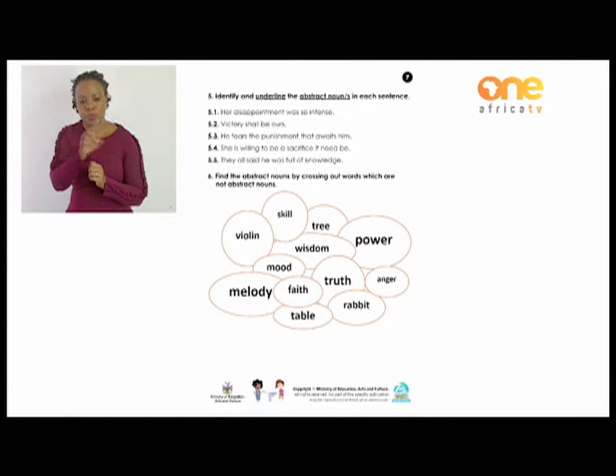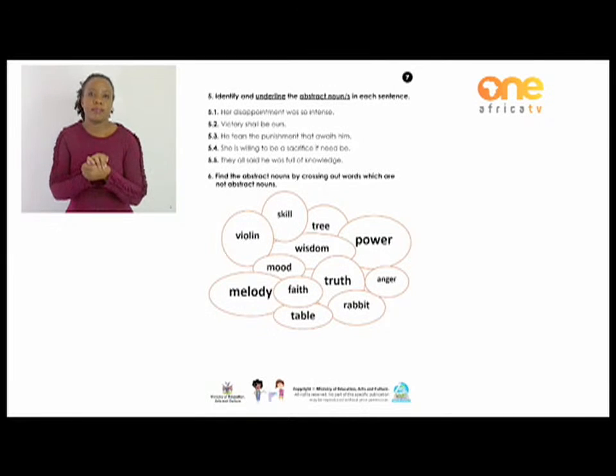All right? For instance, a word like tree is not an abstract noun, it's a common noun. So those are the words that you cancel out. But words like wisdom, that's an abstract noun, so you don't cancel it out, you leave it.